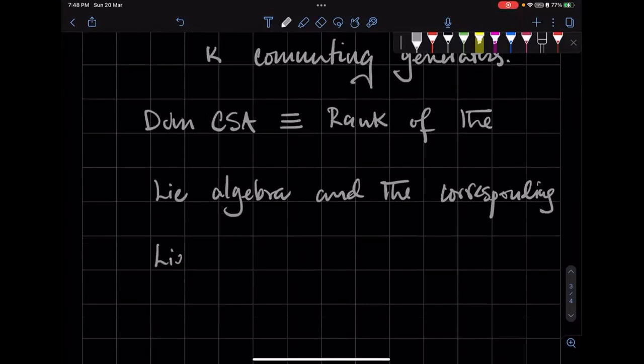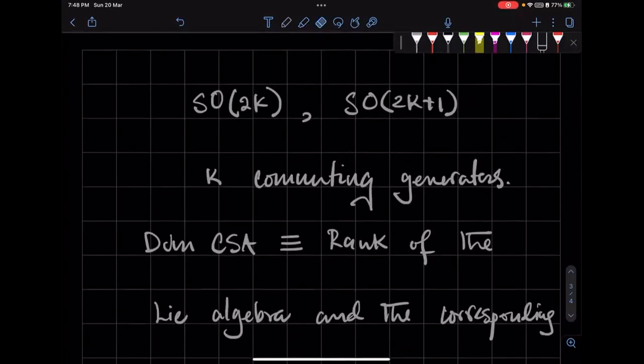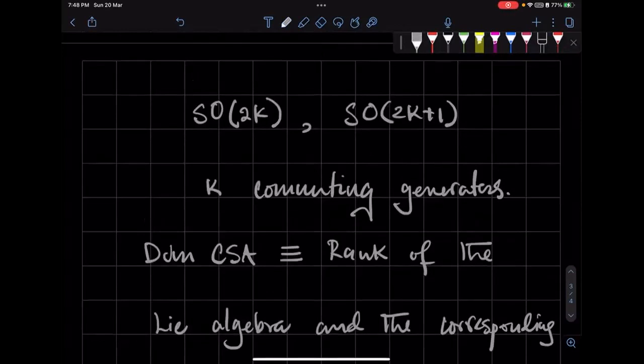So what is the dimension of CSA? The number of generators in the Cartan subalgebra. Oh, okay. And that's called the rank. So here for SO(2k) and SO(2k+1), it's k.